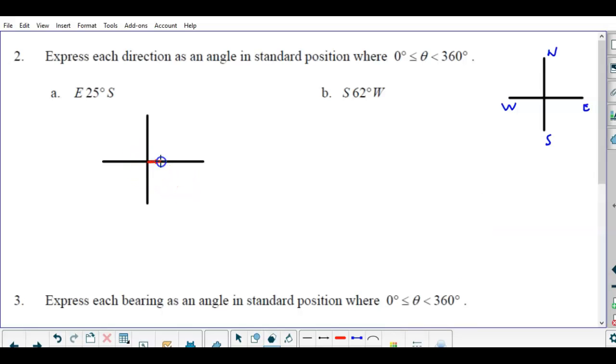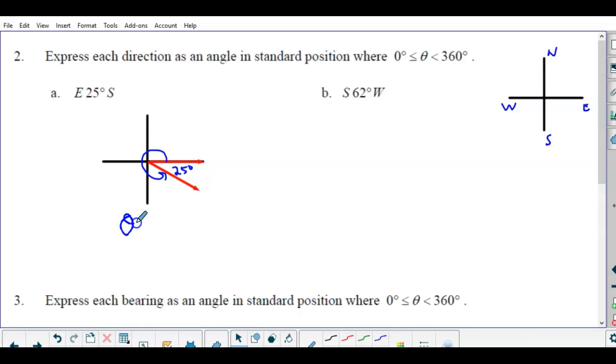So that's directly east, and now I'm going to rotate that 25 degrees to the south. Then I'll do an initial arm here. Express each direction as an angle in standard position where the angle is positive. So I'm going to start here and end up there. If this is east 25 degrees south, that's really your reference angle.